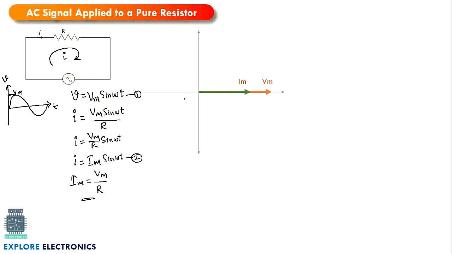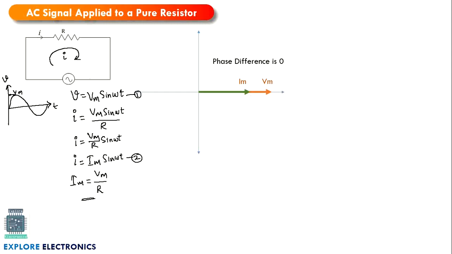Why? Because these two signals have 0° phase shift. When an AC voltage is applied to a pure resistor, the resistor does not change the phase of the current signal. Those two have a phase difference of 0, that's why they fall on the same axis, but the lengths of the vectors differ.